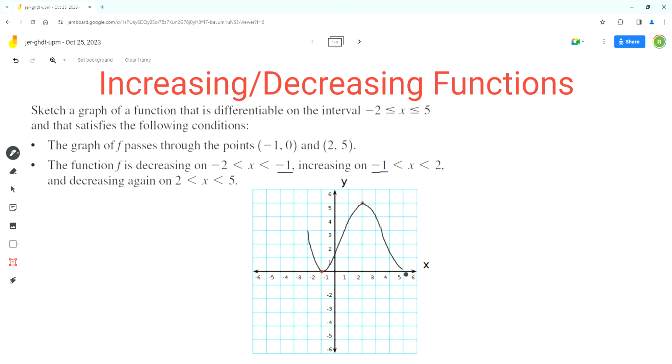We don't know what happens to this function beyond those 2 points. It may not be differentiable. And then we show the 2 points that lie on this function, and then we sketch the parts of the graph based on the given intervals on which it is increasing and decreasing.